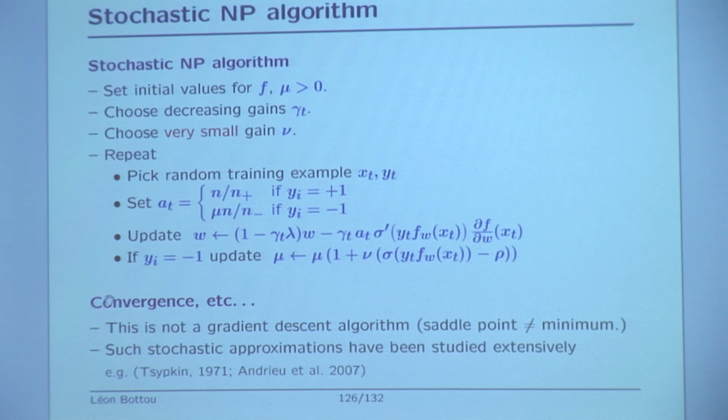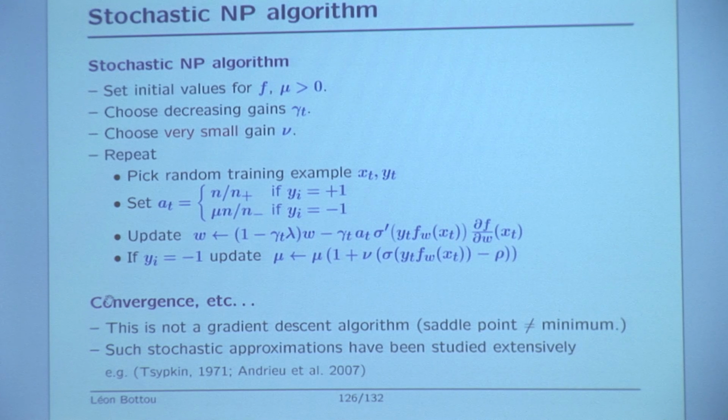Fine. Now, convergence of this. Well, this is not a gradient descent. We look for a saddle point, not a minimum. We do this gradient descent in W, this gradient ascent in mu. So it's another theory, and the good news is that it's been well developed as well.